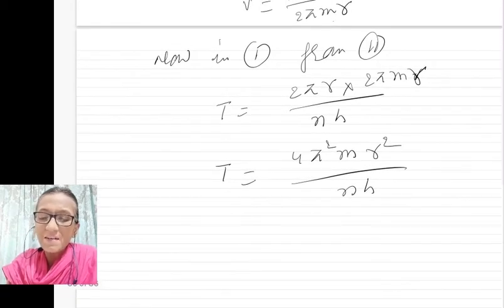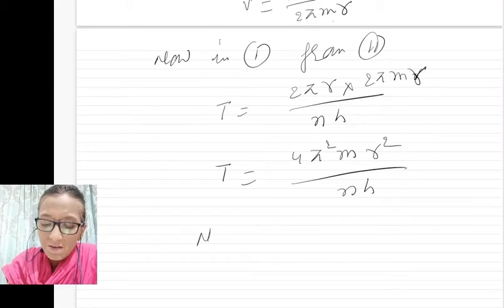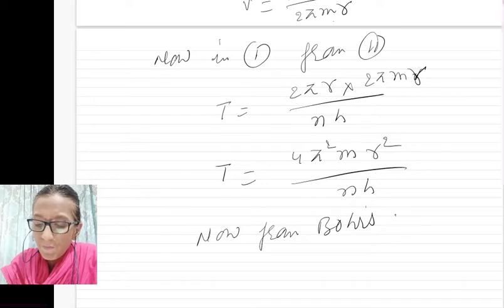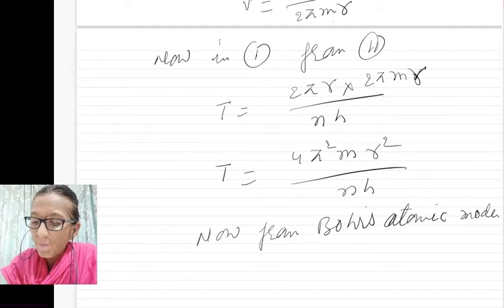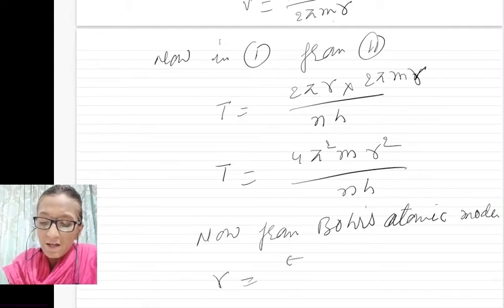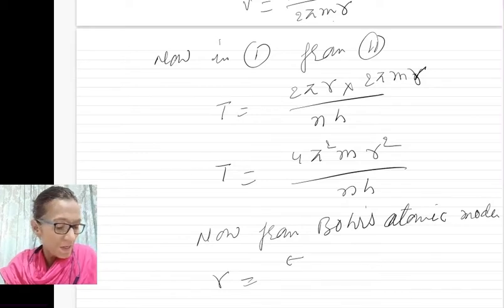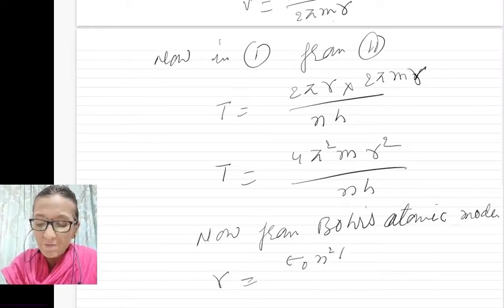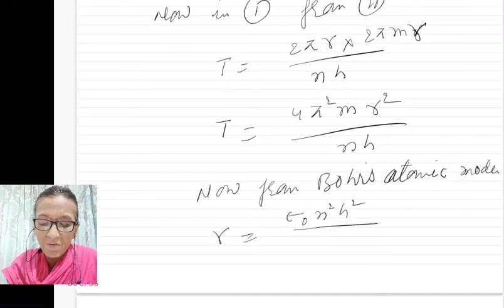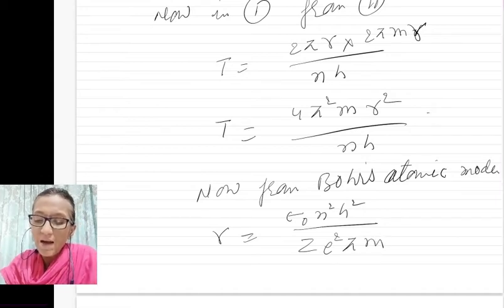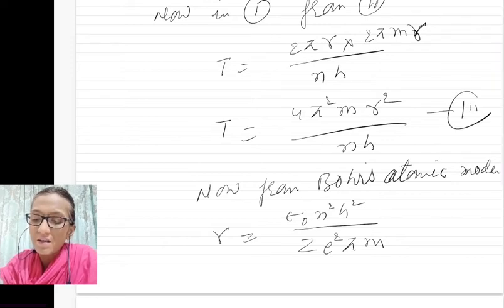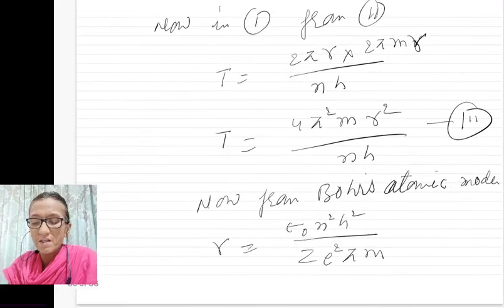So we know from Bohr's model that r is equal to epsilon naught n square h square divided by z e square pi m. So on putting the value of r in this equation, I think it is the third equation.